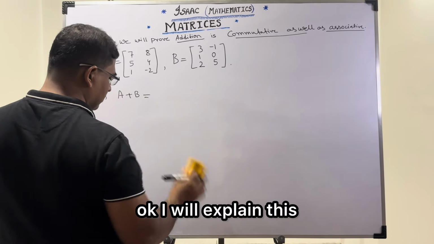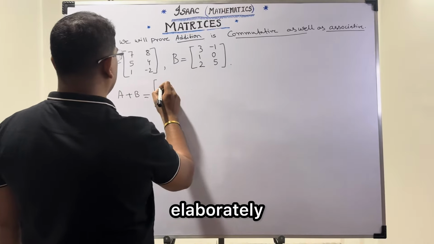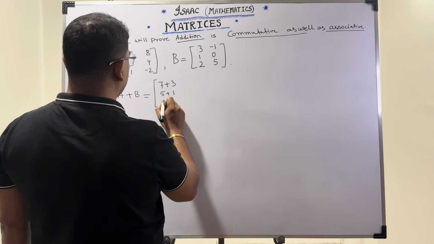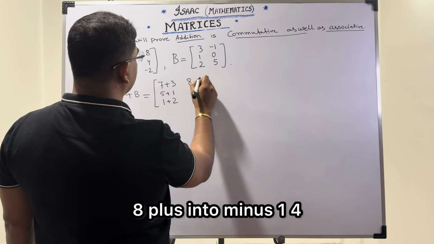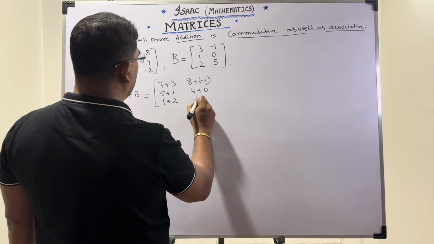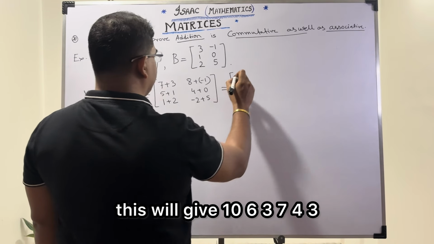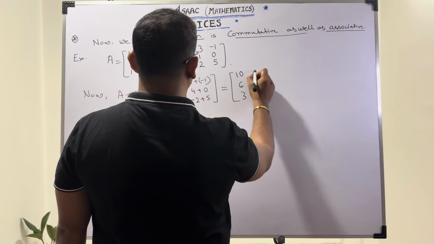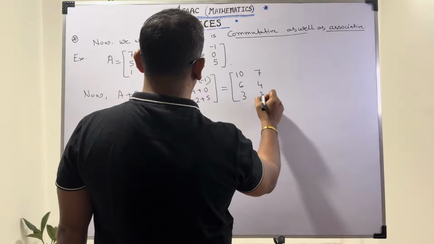Okay, I will explain this elaborately. 7 plus 3, 5 plus 1, 1 plus 2, 8 plus -1, 4 plus 0, -2 plus 5. This will give 10, 6, 3, 7, 4, 3.